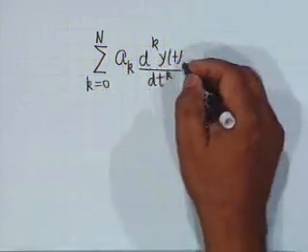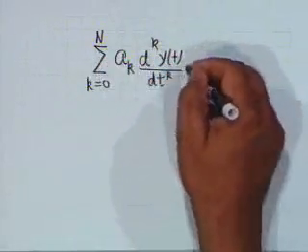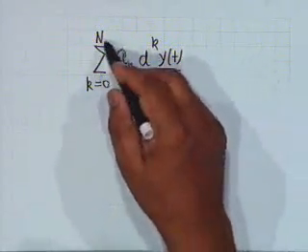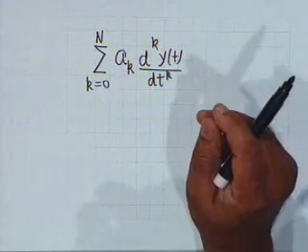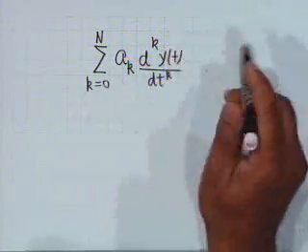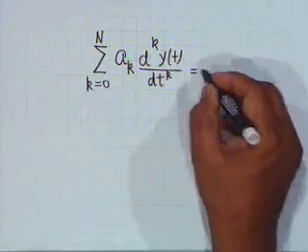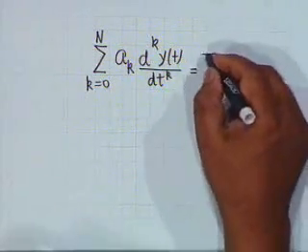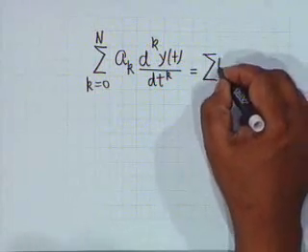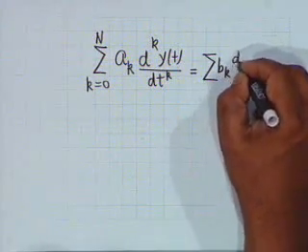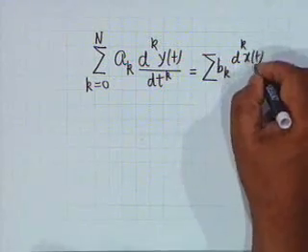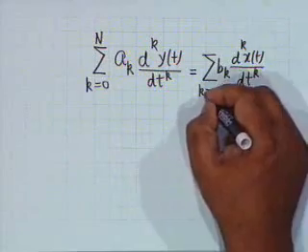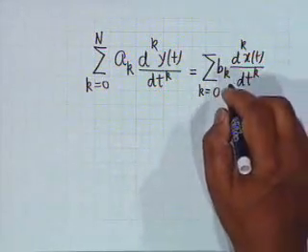All right. This is the combination of outputs and their differential coefficients. Capital N number of differential coefficients are involved in this expression, and this is equal to some combination of input and its differential coefficients, that is, let's say the sum of bk d^k x of t by dt^k, where k goes from again 0 to some value.